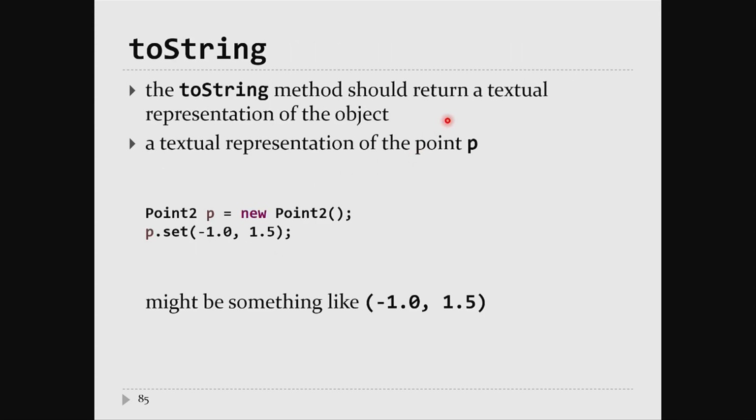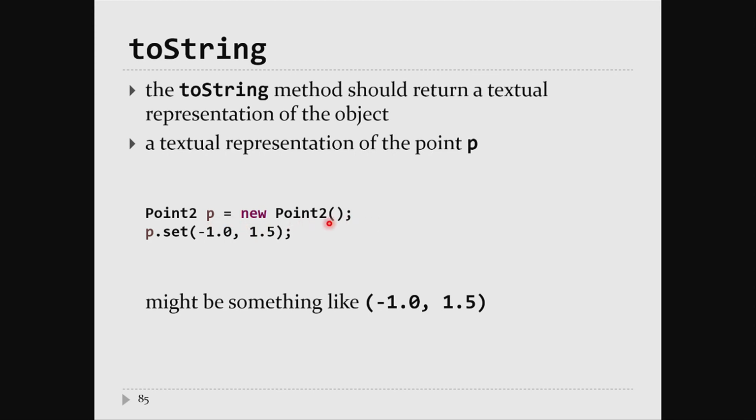The toString method should return a textual representation of an object. When you call toString on an object, it returns a string representation of that object. That string representation should be readable to a human, and it should make sense for the class that you're creating.